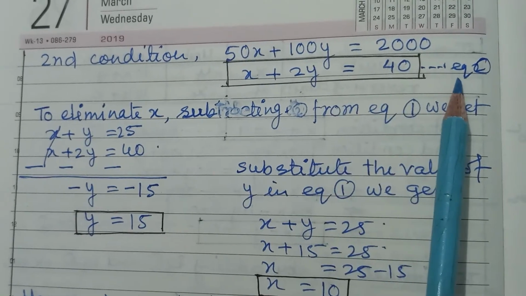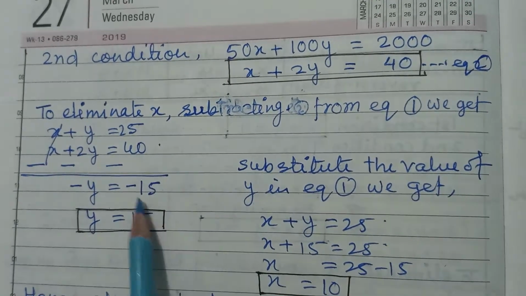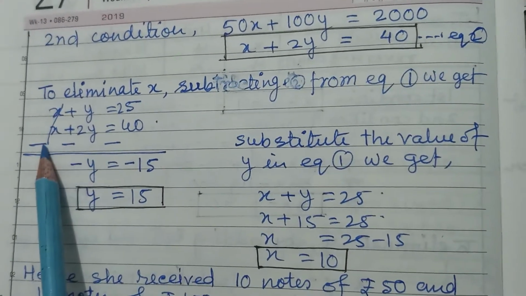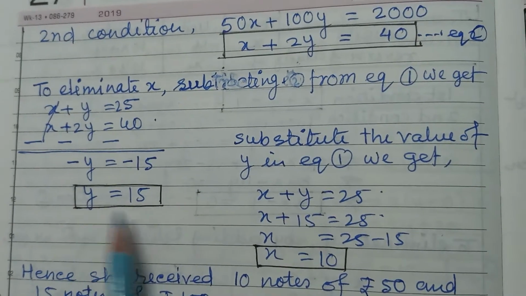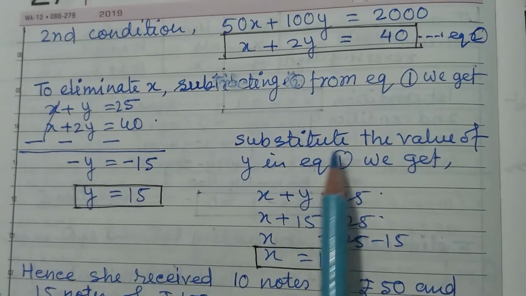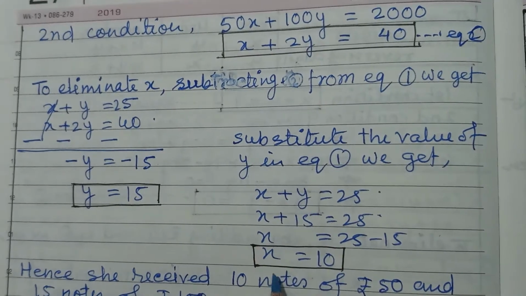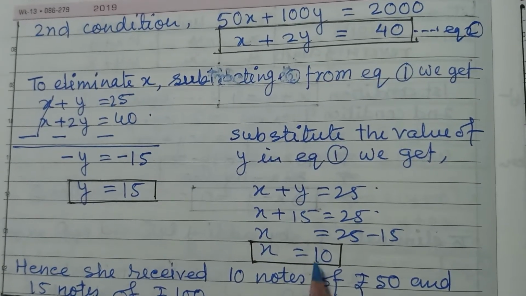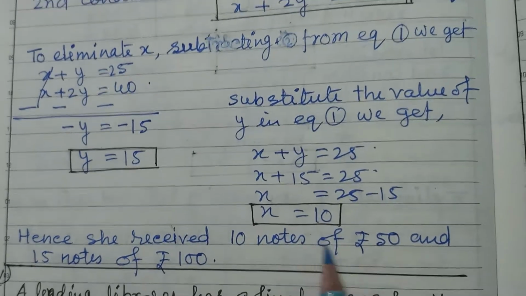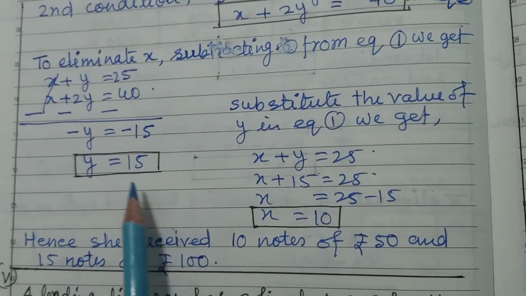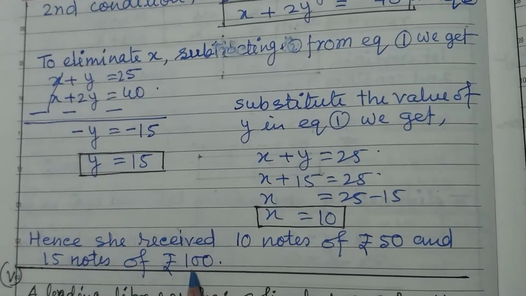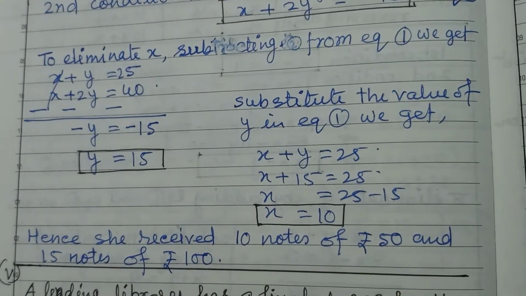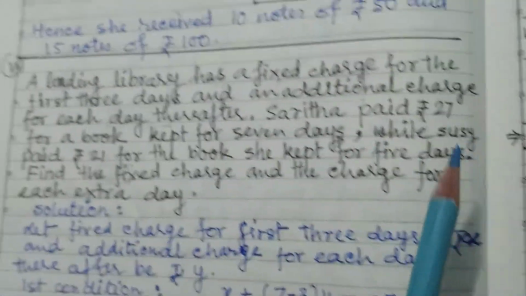It is the second equation. Again by the elimination method, first eliminate x, we will get y is equal to 15, and then substituting, we will get x equal to 10. That means 10 notes of 50 rupees and 15 notes of 100 rupees. Clear? Next question.